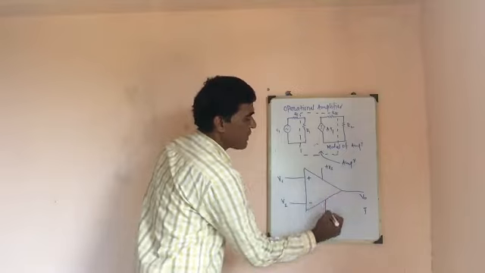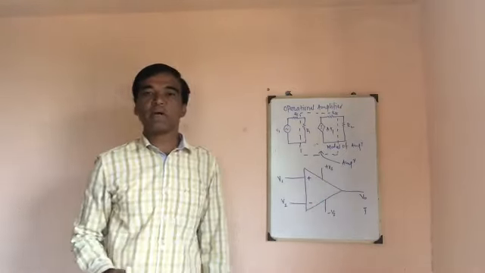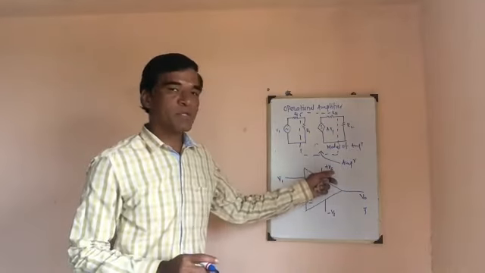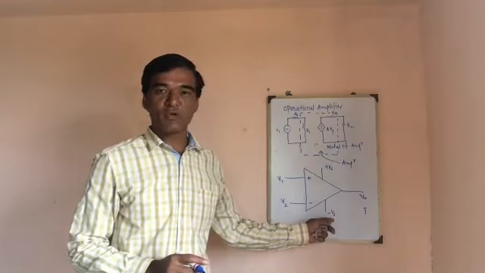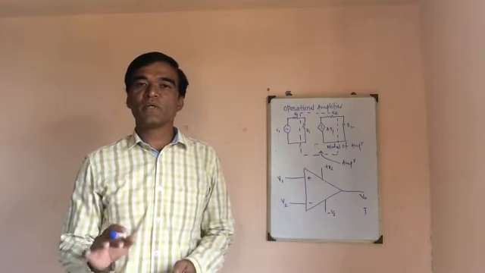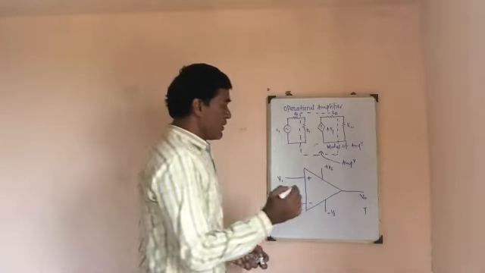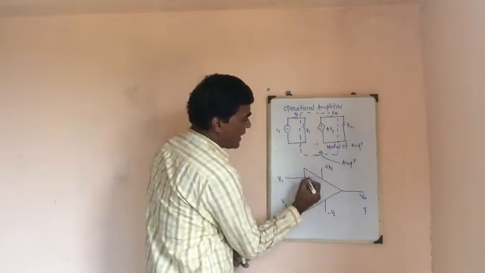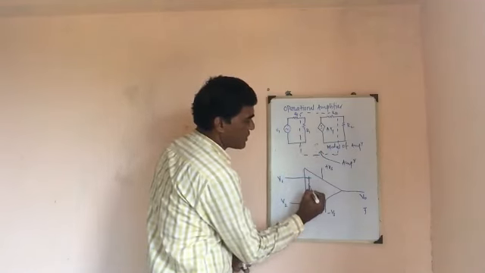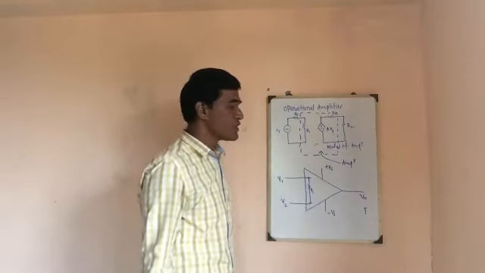It has power supplies plus Vs and minus Vs. The majority of operational amplifiers work with two power supplies, a positive supply voltage and a negative supply voltage. There are certain operational amplifiers which work on a single supply voltage. Now I need to represent Ri between these input terminals. This is the representation of Ri, the input resistance or input impedance.